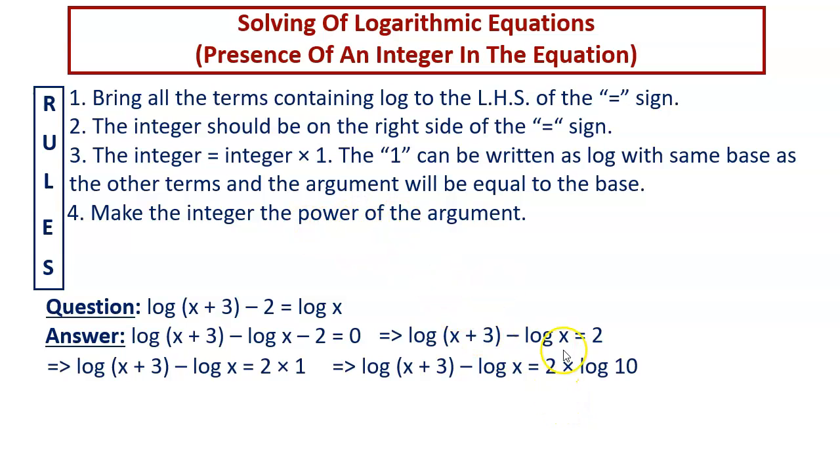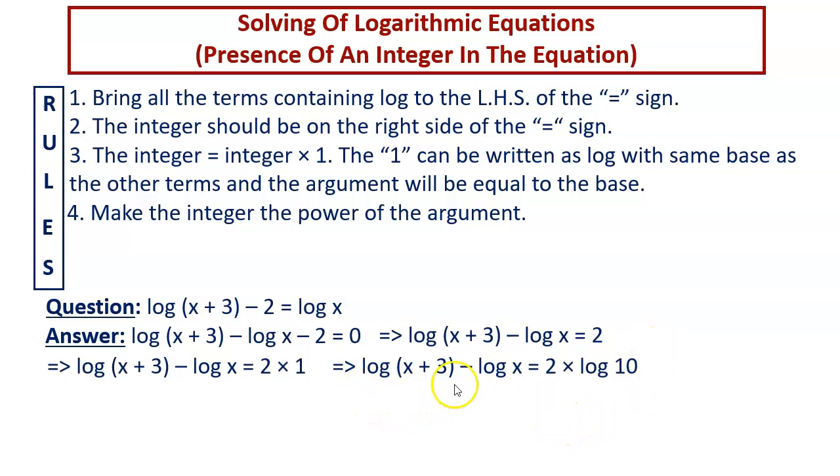This is written with respect to this particular question, but what you have to do actually is, wherever you have a coefficient which is not equal to 1, you have to take that coefficient and make that coefficient the power of the argument. Over here, these two terms contain 1 as their coefficient, so you don't have to do anything. You can just take this 2 and write it as the power of 10.